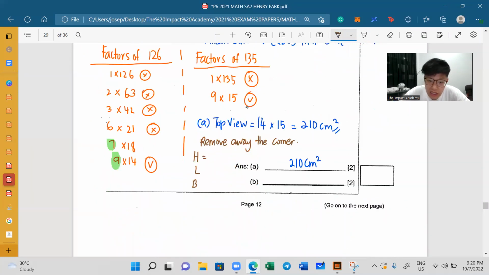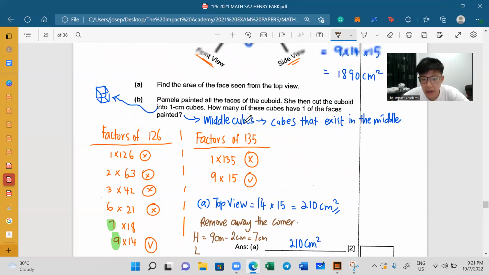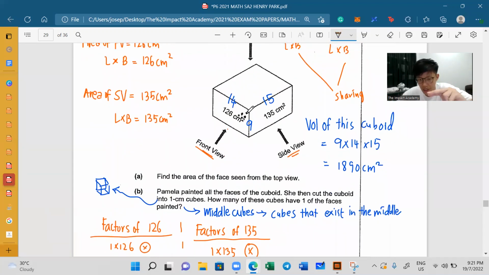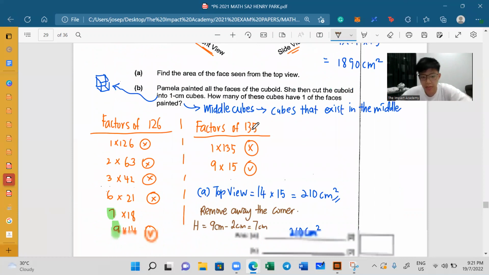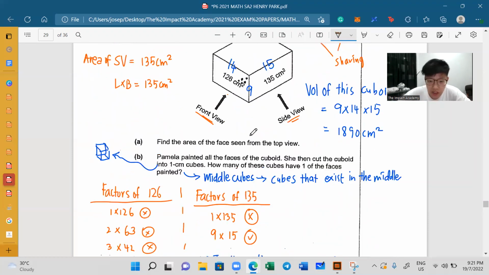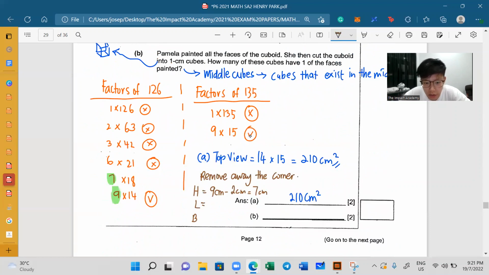Since I'm removing 2, I will have 7 cm now. Instead of 9, why is it 2? Because both corners. I remove one side, 1 cm, the other side, another cm. And then for the length itself, it's 15. So I will remove 2 cm as well, and I'll get 13 cm.